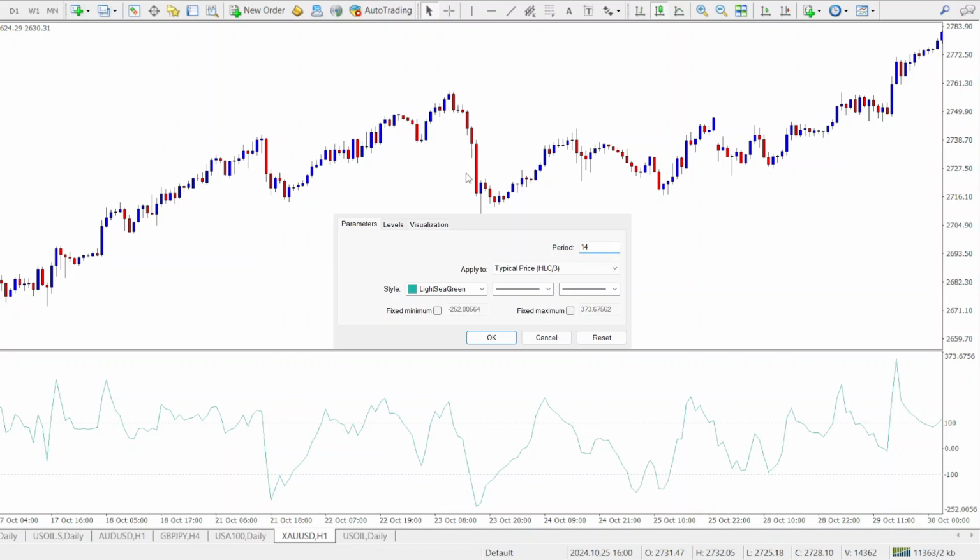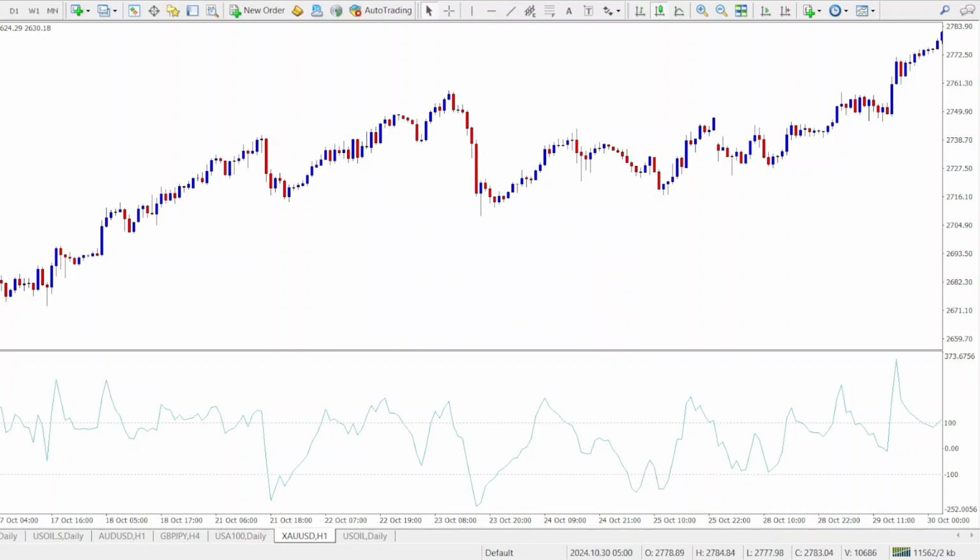So it depends on the time frame. The period is 14, so it's over 14 periods. If it is 1 hour, 14 hours. If it is daily, 14 days. If it is 1 minute, 14 minutes. Just to make it easy to understand.